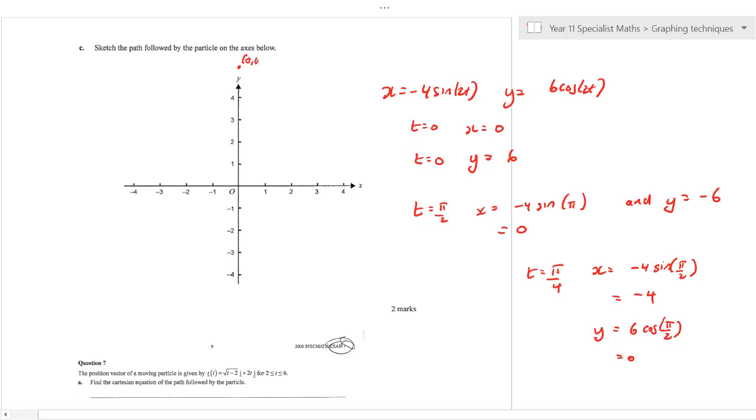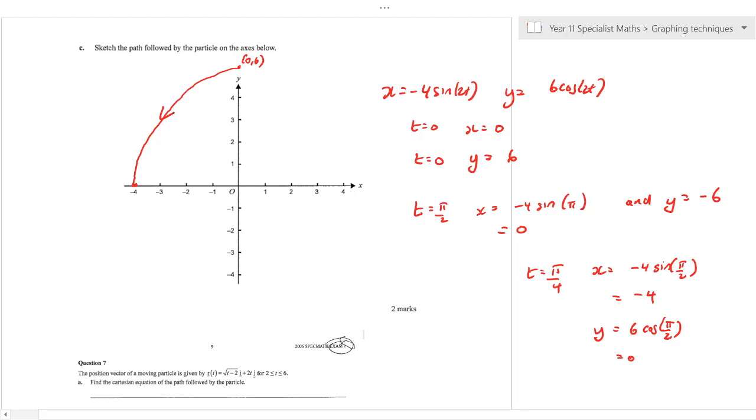0, 6. And which way is it going? Which way is it going? With time, it's going to the left, to minus 4 and y is equal to 0. So it's actually going this way, like so. Okay, we know it's the ellipse.